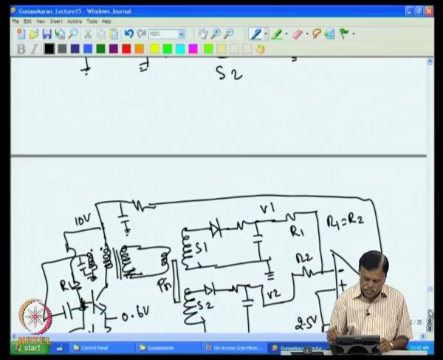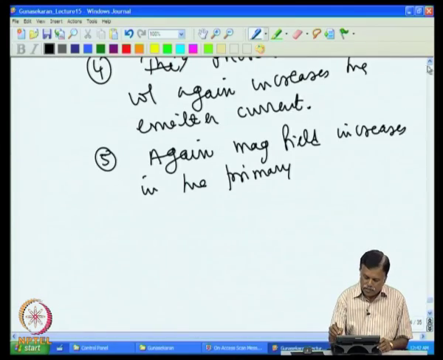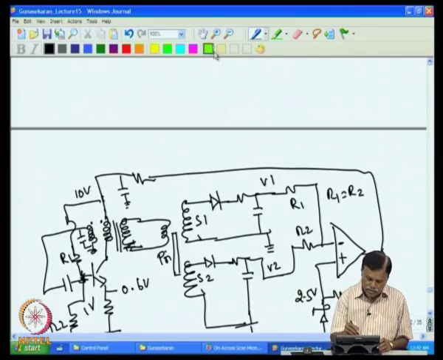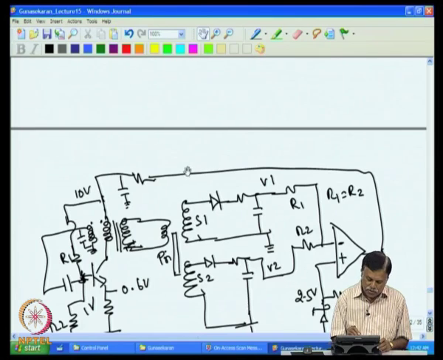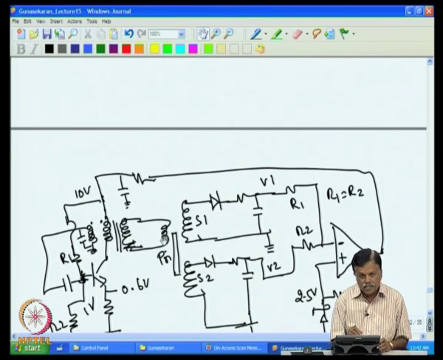Now, interestingly, if you have more voltage at this point, then obviously more voltage will come here and more bias voltage, and the oscillation amplitude will also increase. So, if I increase the voltage here, you will find the amplitude of the oscillation is increasing, and you get more voltage across the primary of the LVDT.